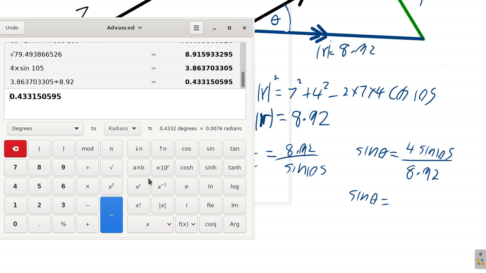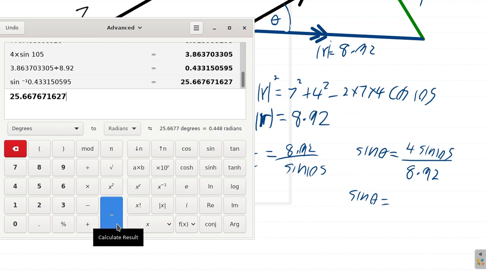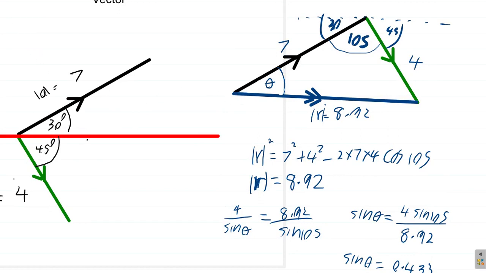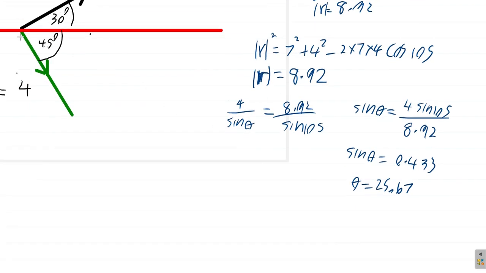And then the sine inverse of 0.433 is 25.67. So it's 25.67 from A. The vector A. Alright.